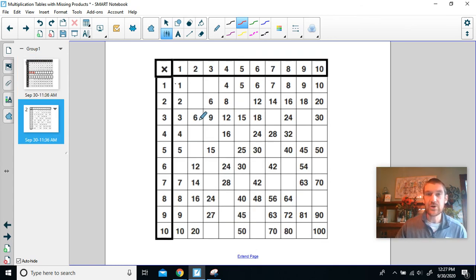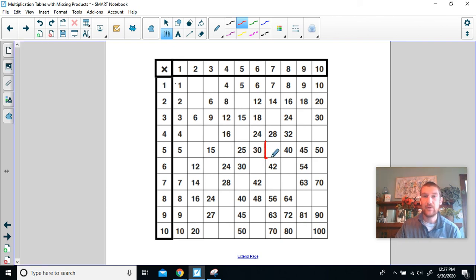Then you're going to do this multiplication table where we have lots of things that are missing. Okay. And now what you want to use here are your top and side rows. These are your factors, like your guide rows. So let's say I'm trying to find out what this box is right here. Okay. Well, I see this is in row 5 and column 7.